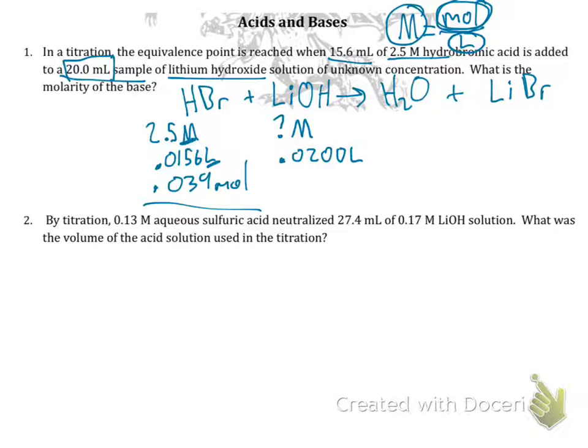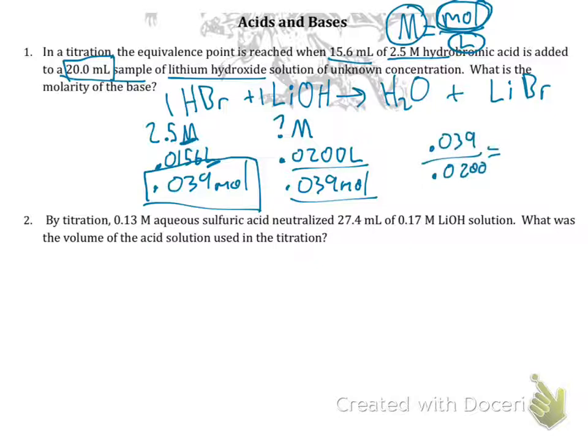Now, this is a 1-to-1 ratio, which means 0.039 moles of this will react with 0.039 moles of this. And now that we have our moles and our liters, we can take our moles and our liters and calculate the molarity, which happens to be that.